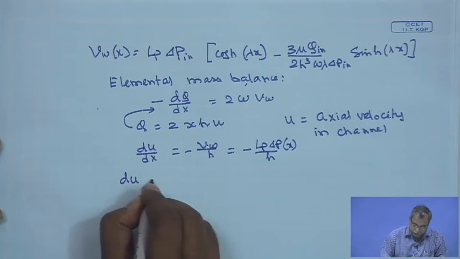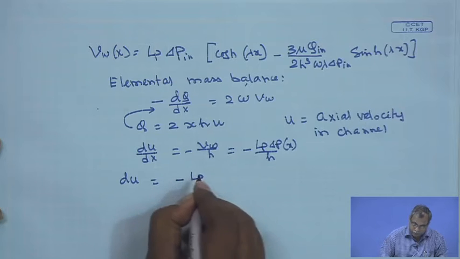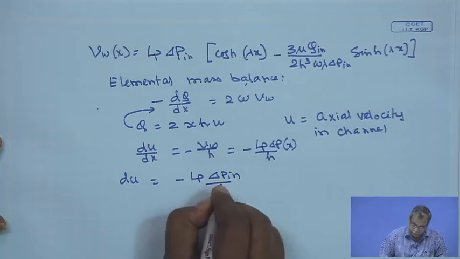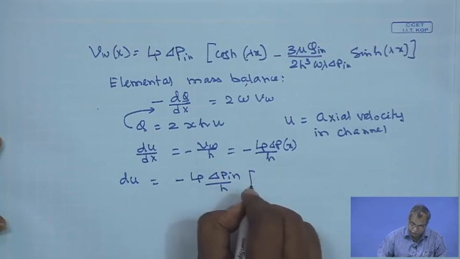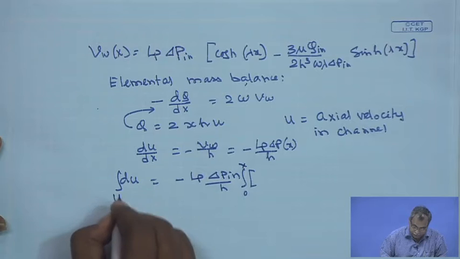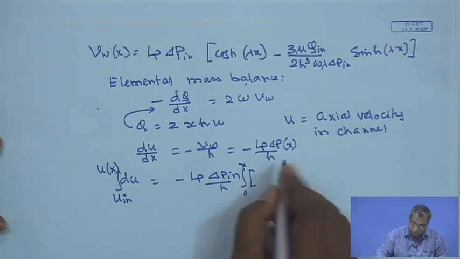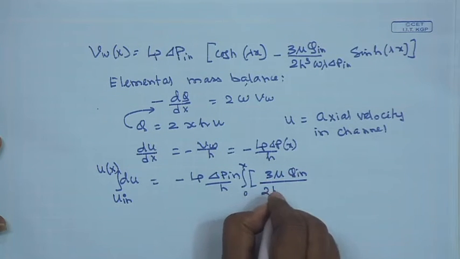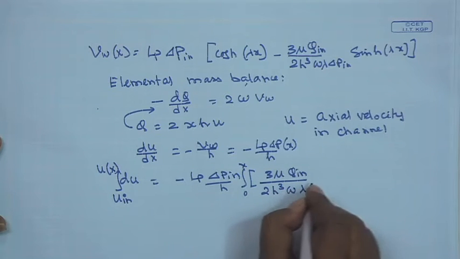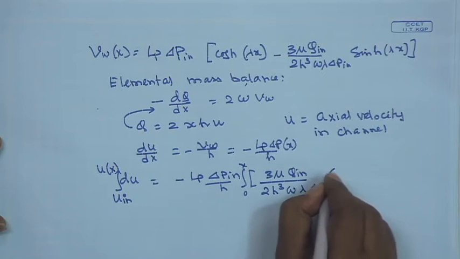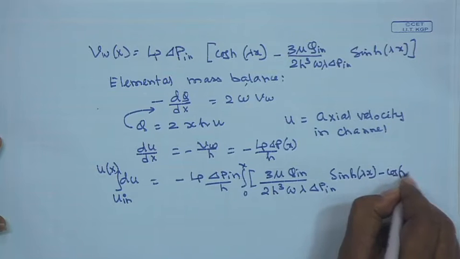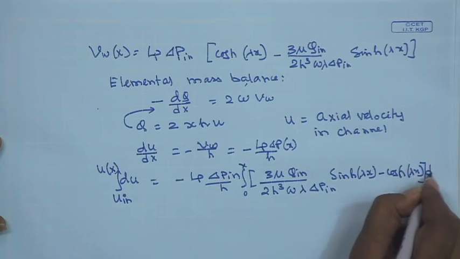If you really do that, it will be minus L p by h delta p in by h, and then we put the expression of delta p and integrate from 0 to x, from u in to u at any x location, giving you this expression: 3 mu q in divided by 2 h cube w lambda delta p in sin hyperbolic lambda x minus cos hyperbolic lambda x dx.